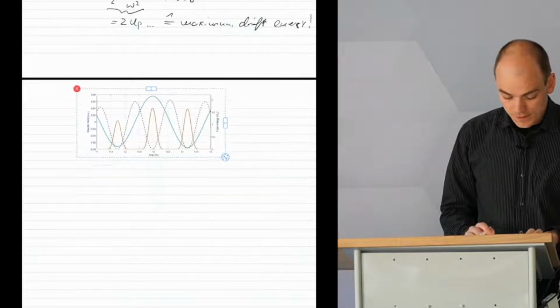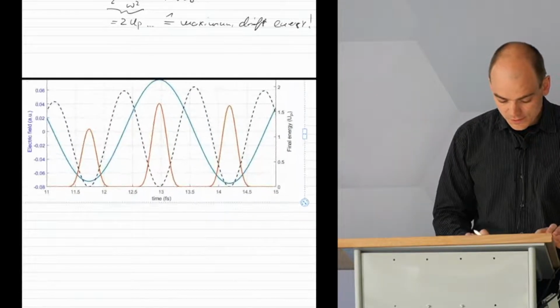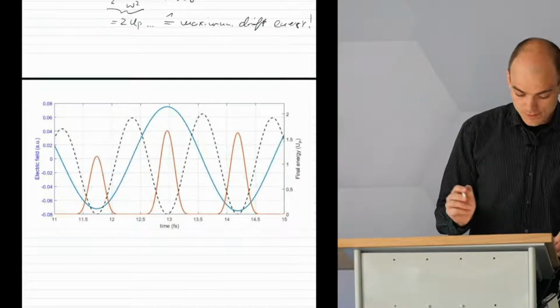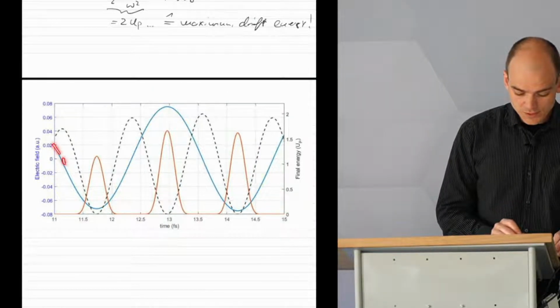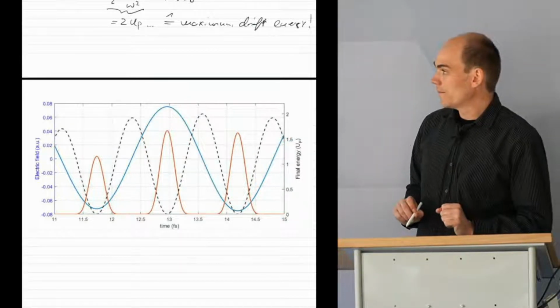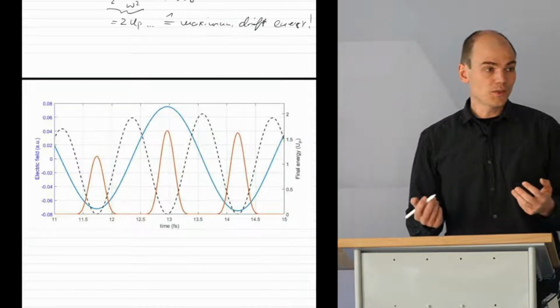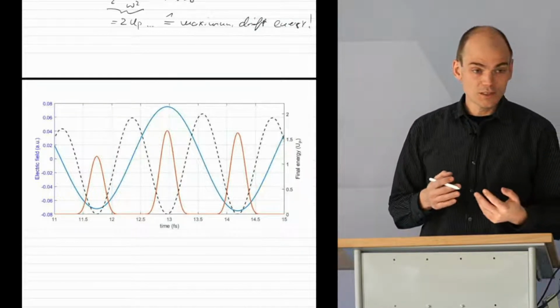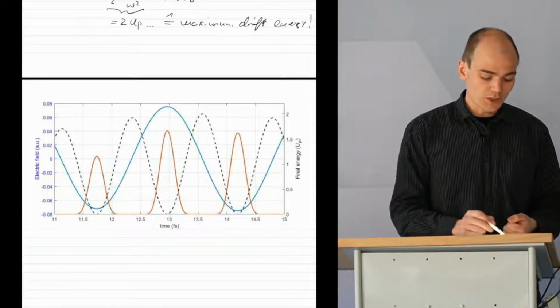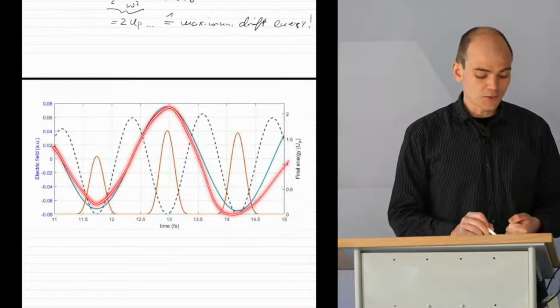Okay. So we have here a plot of the electric field, that's this one here. And we discussed earlier on that the ionization probability would be a highly nonlinear function of the electric field.